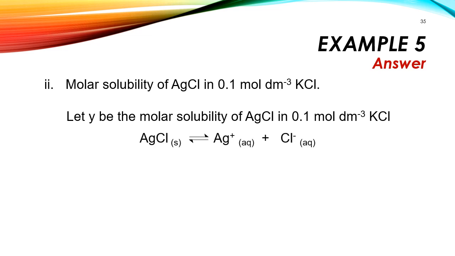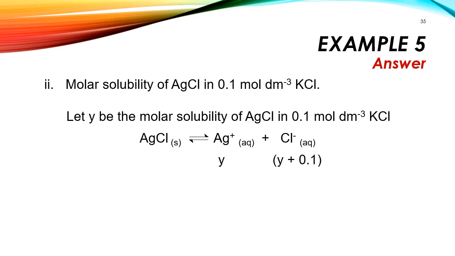Writing the solubility equilibrium expression, argentum chloride soluble salt dissociates to form argentum plus aqueous ion and chloride aqueous ion. Since y has been assumed as the molar solubility of argentum chloride, 1 mole of argentum plus ions is equal to 1y, while the chloride ion is equal to y plus 0.1.